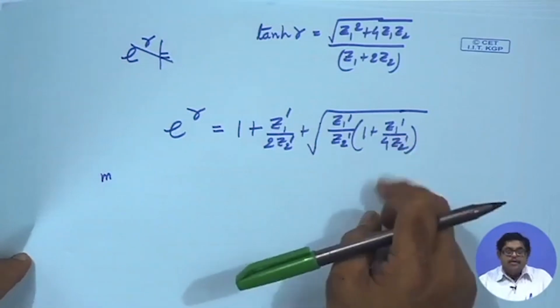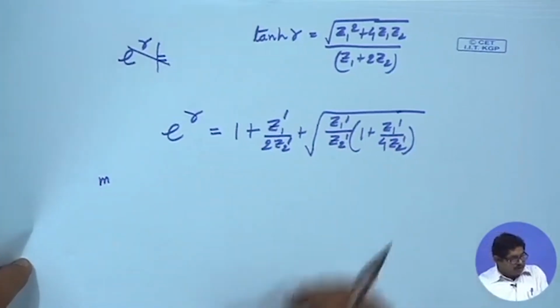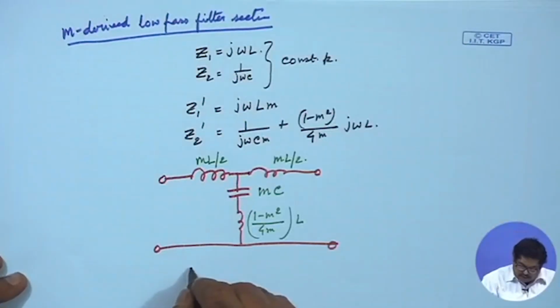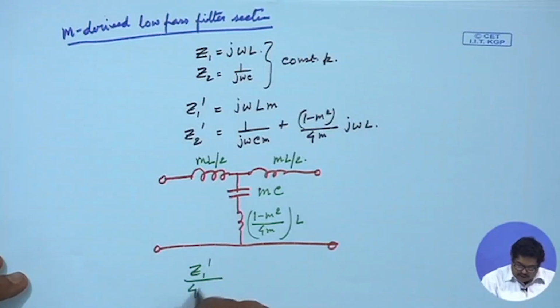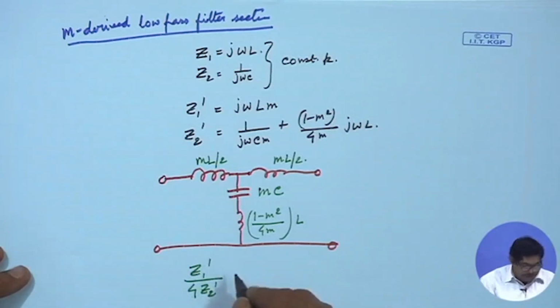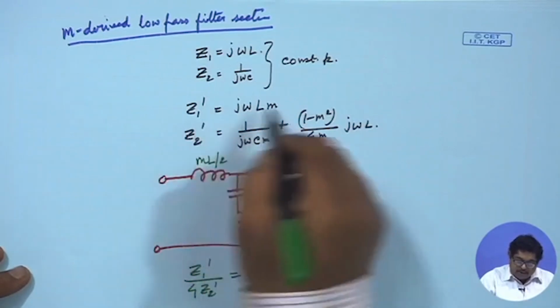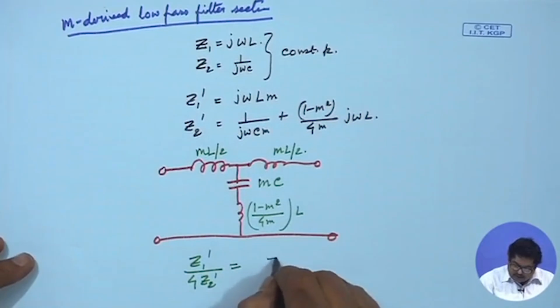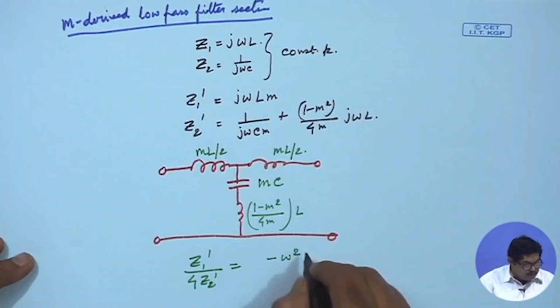So, if I can find this, then I can easily find the propagation factor. So, let me find out the value of Z1 dash by 4 Z2 dash. You will be able to do this, because the Z1 dash expression is given and the Z2 dash expression is given. If you do this, it turns out to be like this.